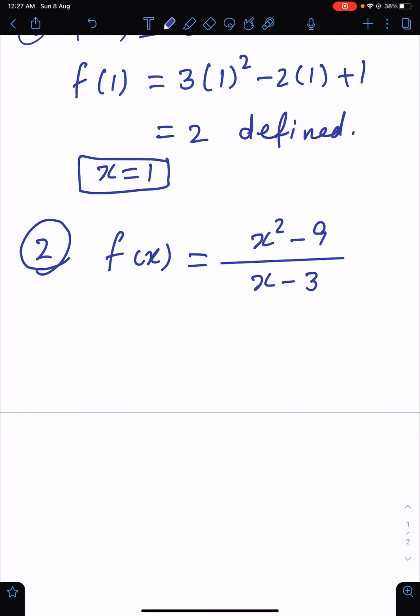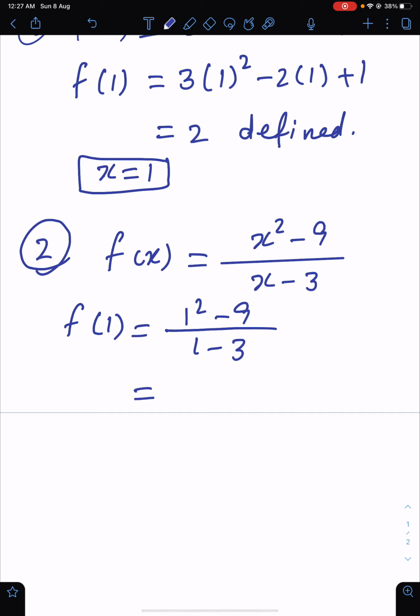So in this problem, we can say, for example, f of 1, we're going to get 1 squared minus 9 over 1 minus 3, and this one is going to equal minus 8 divided by minus 2, and the answer is 4, because minus divided by minus is going to be positive. And this one is defined.